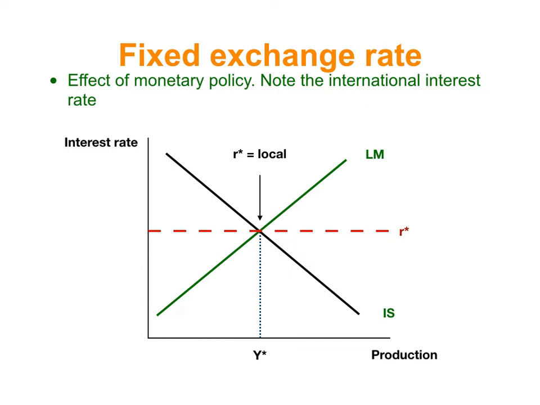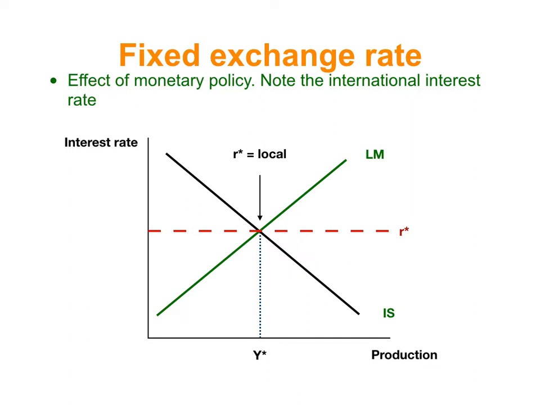Okay, so let's start with this diagram we have here. In this diagram, we have an equilibrium of the IS and the LM curves. That means that the goods market is in equilibrium, and the money market is in equilibrium. Also, there is another thing that we need to notice here: we have the international interest rate. This international interest rate, which is horizontal here, is given to this small and open economy.